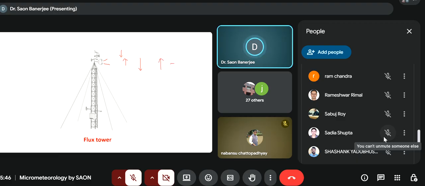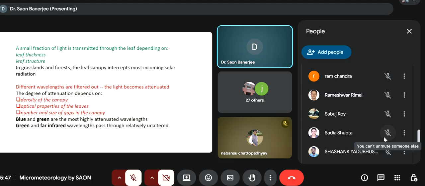If you just make a summation for a whole day, you can measure the flux, for example the flux of carbon dioxide or methane. And it is towards the soil or crop surface, or away from the surface. So that is the simple diagram of the flux tower.